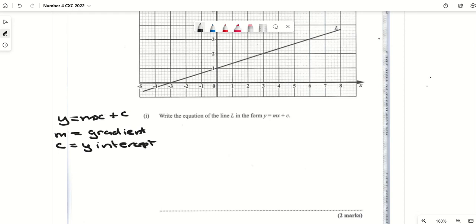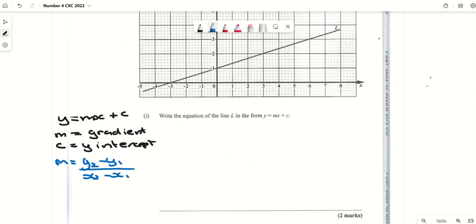Now, to find your gradient, the formula for gradient is m equals y2 minus y1 all over x2 minus x1.